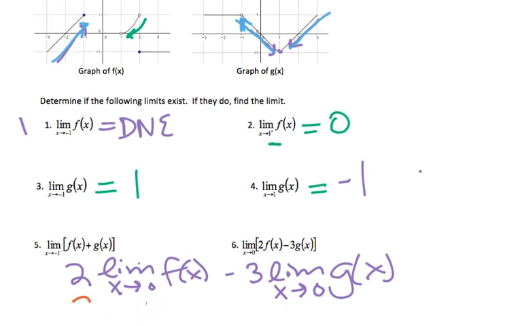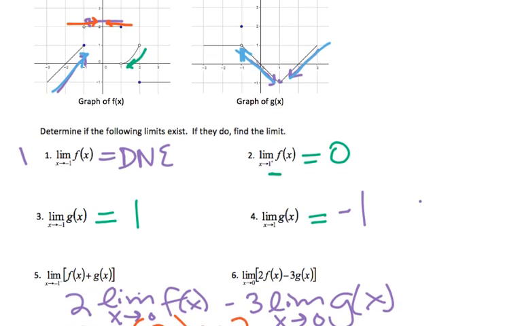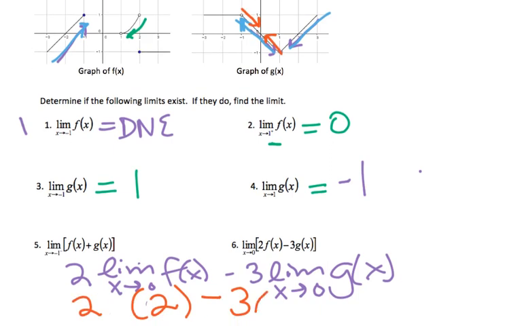So this would be 2 times 2 minus 3 times the limit of g of x as x approaches 0, which approaches 0. So this is 3 times 0, so the overall value of this limit is going to be 4. Okay, so that's a review of graphical limits.